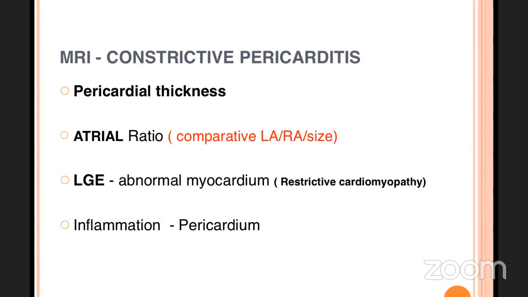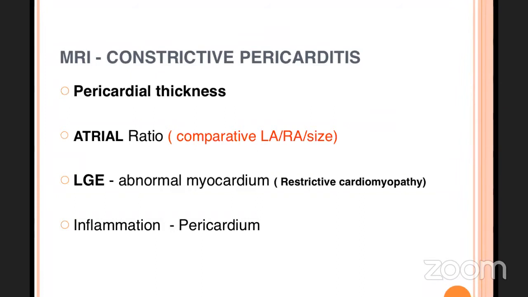Equally important is the late gadolinium enhancement of the myocardium. If there is late gadolinium enhancement, that means there is myocardial fibrosis, and it is unlikely to be an isolated constrictive pericarditis. More likely to be a cardiomyopathy rather than a pericardial problem. We'll show you some of the pictures.